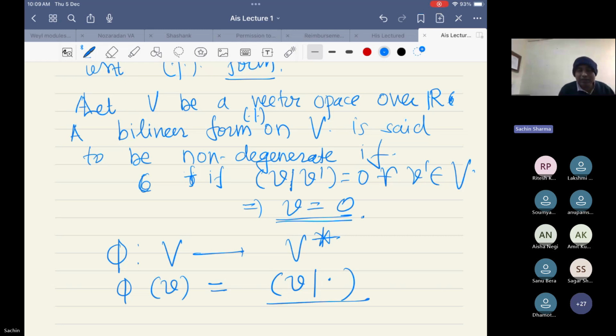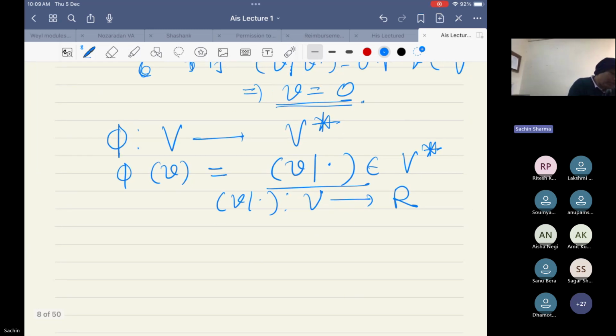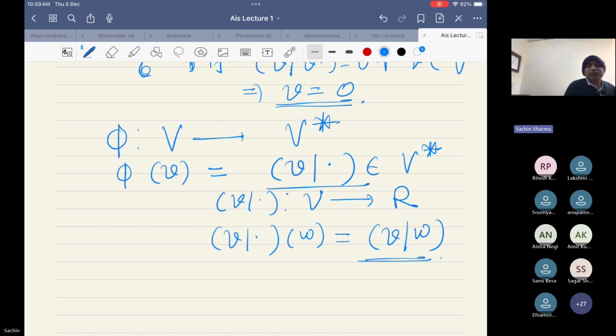So what is this V dot? This is a functional that belongs to V star. It is a mapping from V to R. How is it defined? V dot of some W belonging to V is equal to this. This is a definition. Okay.